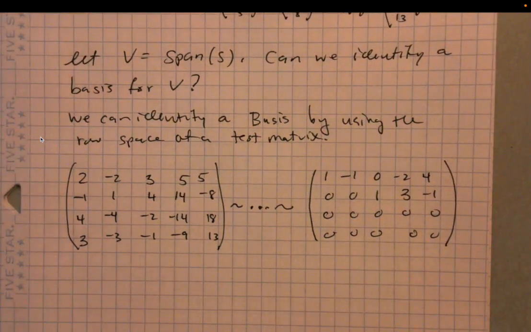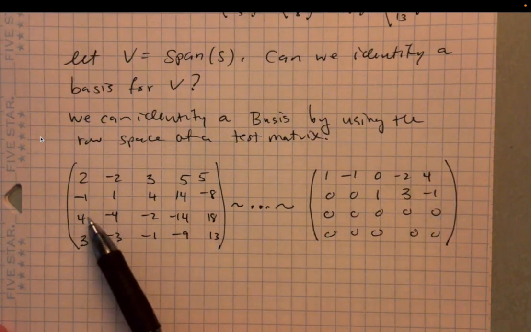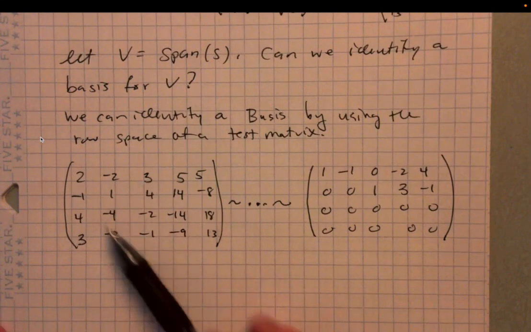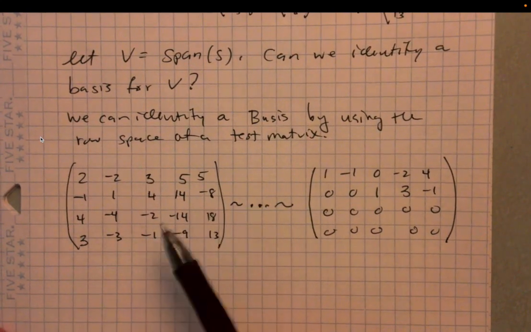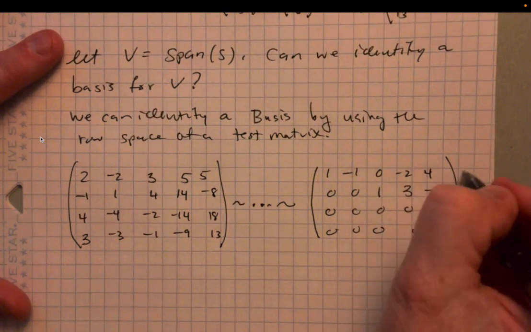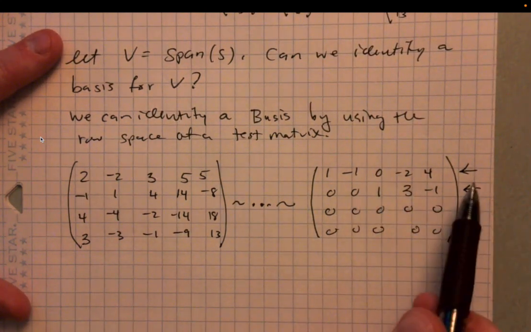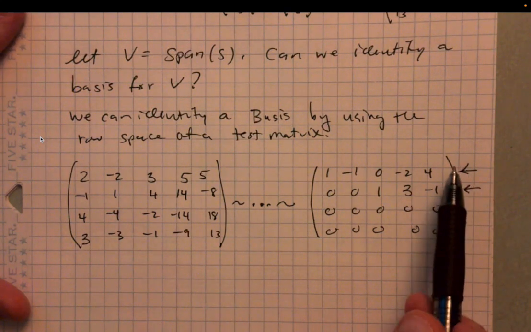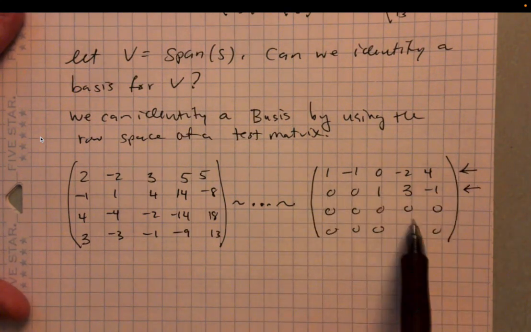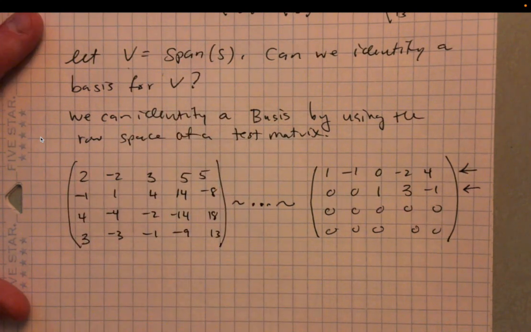So the row space of this reduced matrix is equivalent to the row space of the original matrix. What that means is that these 2 rows of the reduced row echelon form matrix are a basis for the vector space equal to the span of the 4 rows of the original matrix.